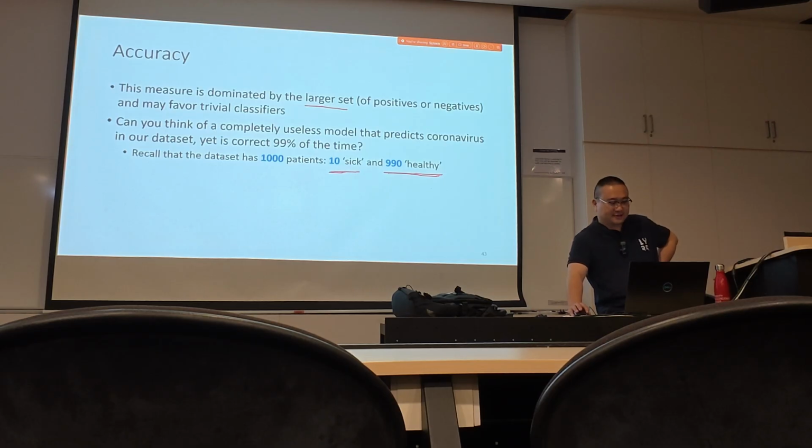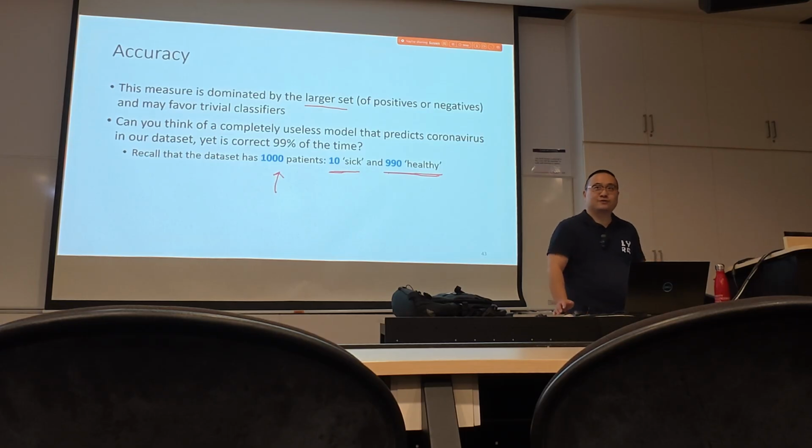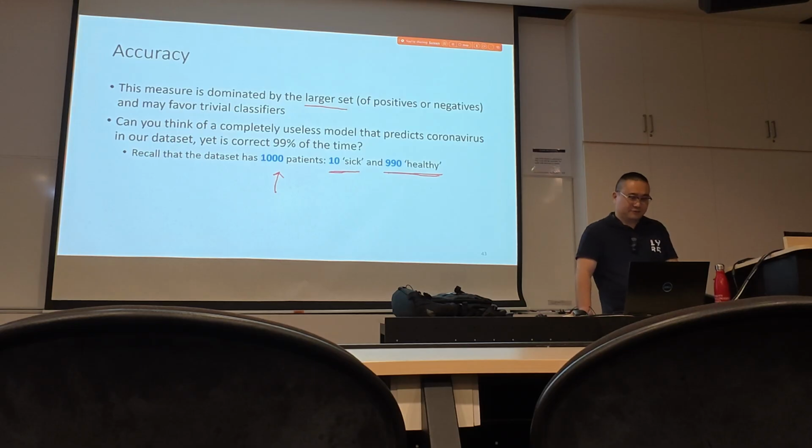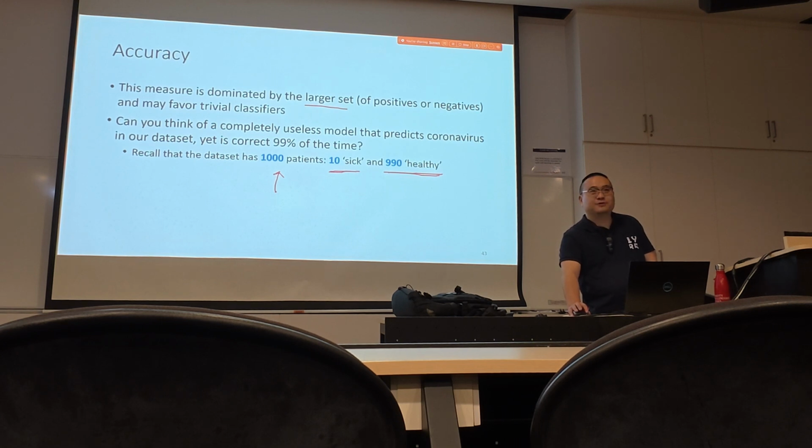So it means that this data set is a very biased data set. Therefore, for such a biased data set, if you are only using accuracy to measure the performance, the accuracy can be misleading. Here we can come up with a very simple model that can achieve 99% accuracy. However, the model itself does not do anything.